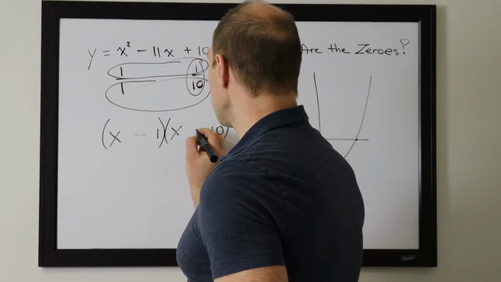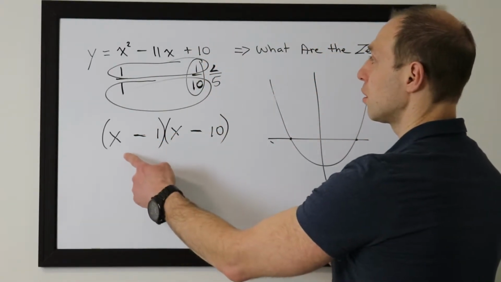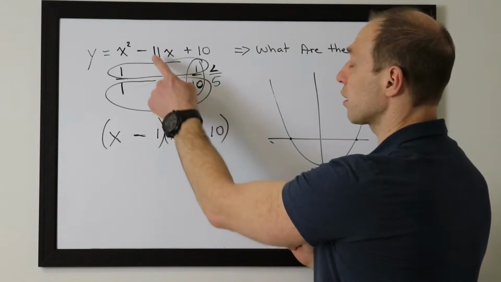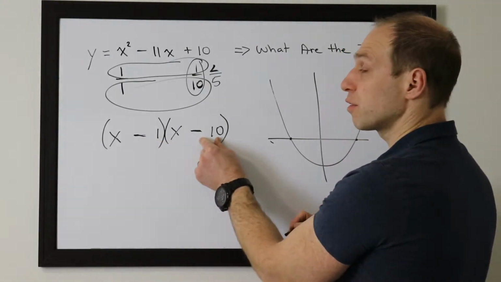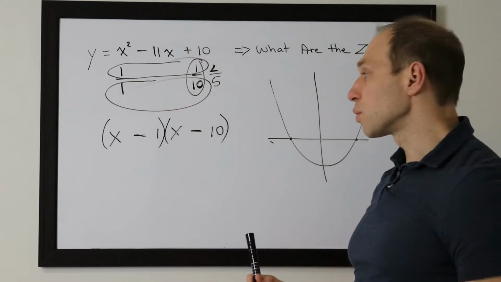And it makes sense because once we add two numbers together, we should really get a negative 11. So we should have a negative 1 and a negative 10. Once they're added together, we get that number in between.